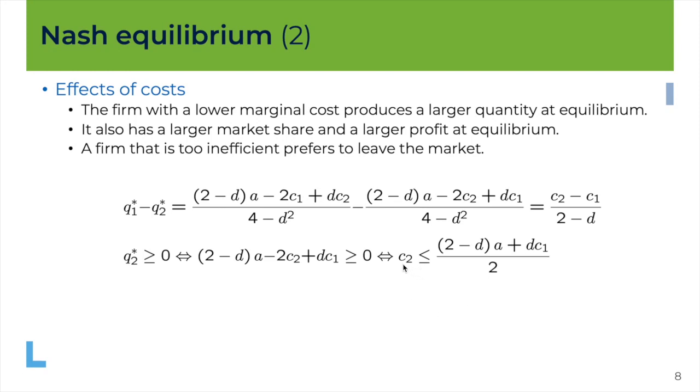It simply says that C2 cannot be too large with respect to C1. So if a firm is way too inefficient, so much less efficient than the other firm, then at equilibrium, it will just leave the market. It's not able to produce a positive quantity.